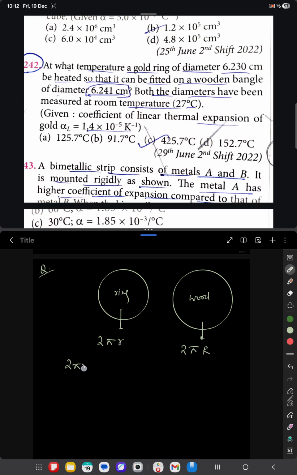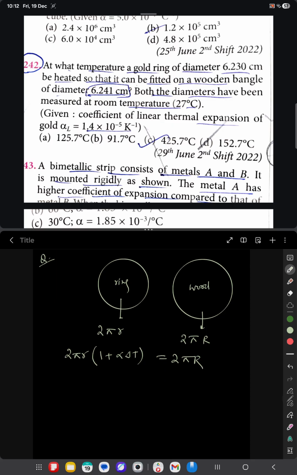Now just write down the equation of the strain. 2 pi r into 1 plus alpha delta t should be equal to 2 pi R. So this 2 pi gets cancelled out, and this r is your d. Initial d is 6.230, 1 plus alpha delta t, 6.241.